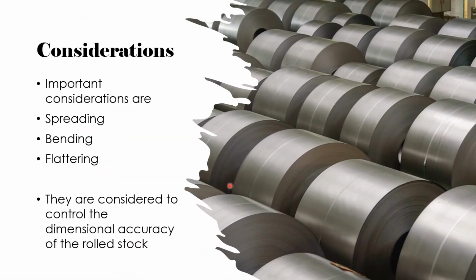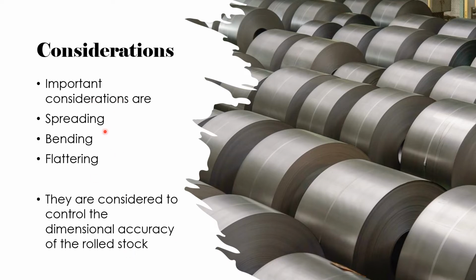Okay, what do we need to consider in the rolling process? Spreading, bending, and flattening. So these are important considerations every time we run rolling. So why are they important? Why is spreading important? Why is bending important? Why is flattening important? Because we want to control the dimensional accuracy of the rolled stock.